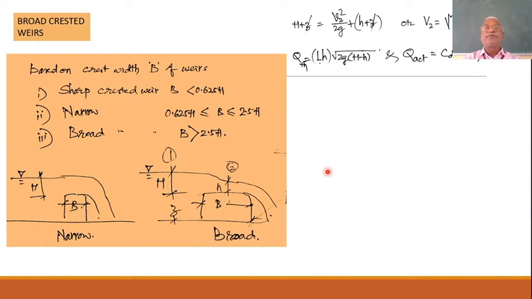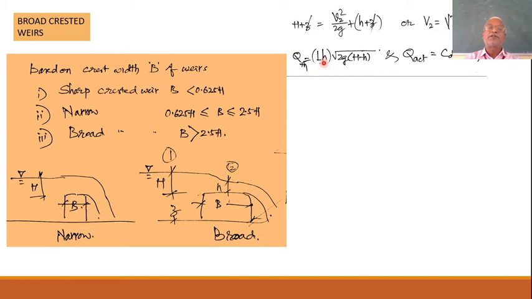Now here, if you compare the energy, that is H plus Z, equal to V2 squared by 2g plus h plus Z. If they are comparing 1 and 2 here, the velocity V2 becomes root 2g(H minus h).